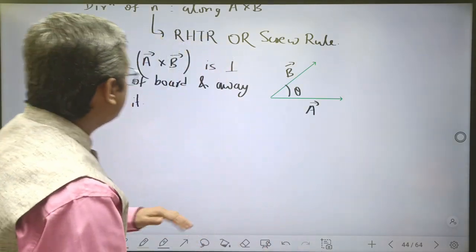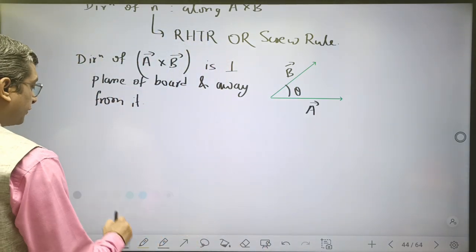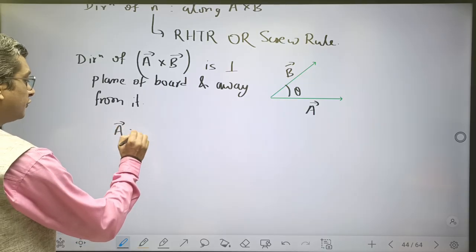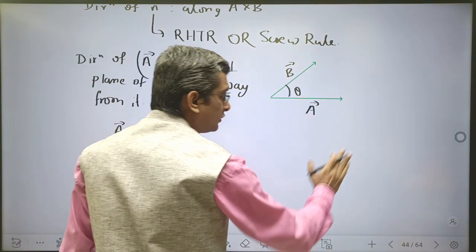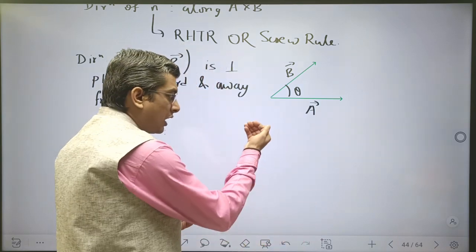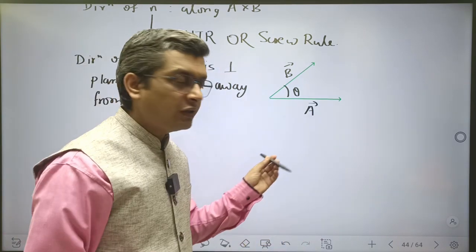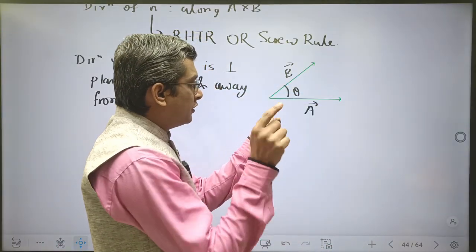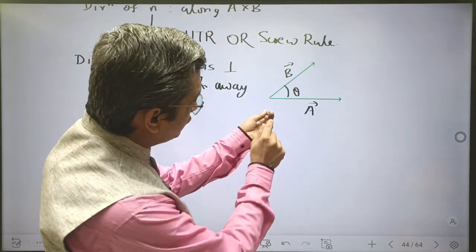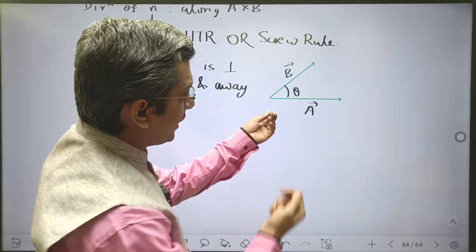So now, dear students, the direction of A cross B is perpendicular to the plane of the board and away from the board, that is towards you. It is like an arrow approaching towards you, perpendicular to this board. So you are looking at the pointed end of this arrow.